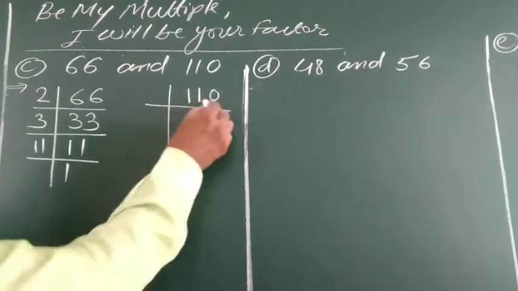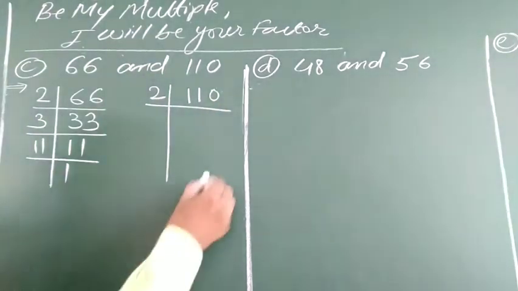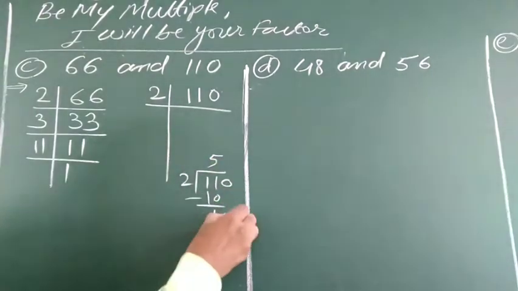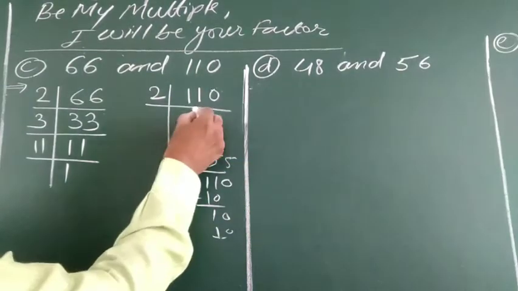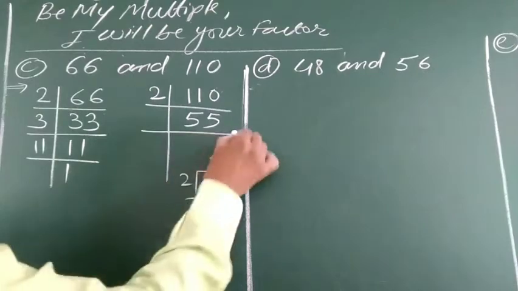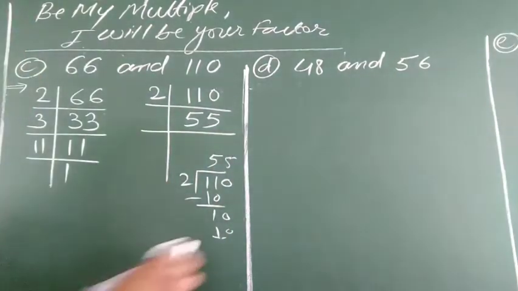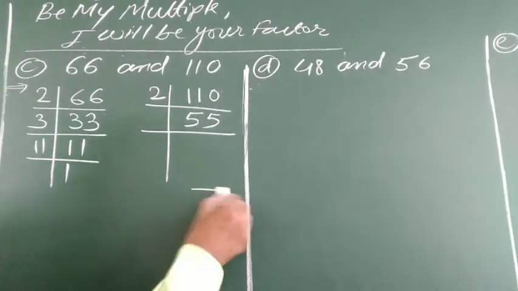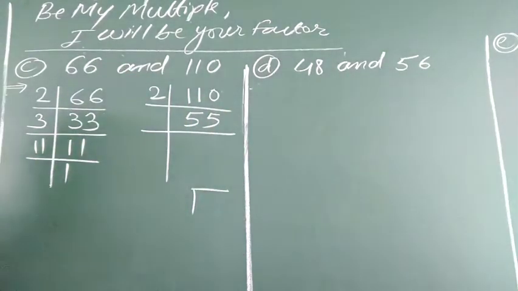Next, 110 is even number, divide by 2. तो आइए 110 2 से डिवाइड कीजिए, 2 5s are 10 and 2 5s are 10. It is 55. Now we cannot divide by 2 because it is odd number.